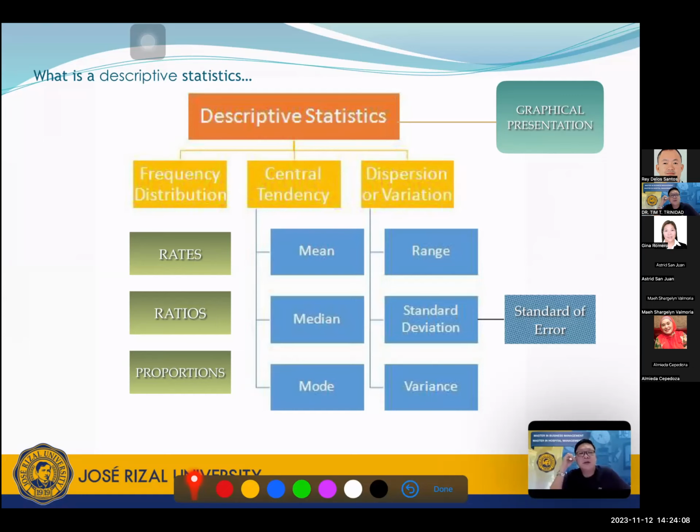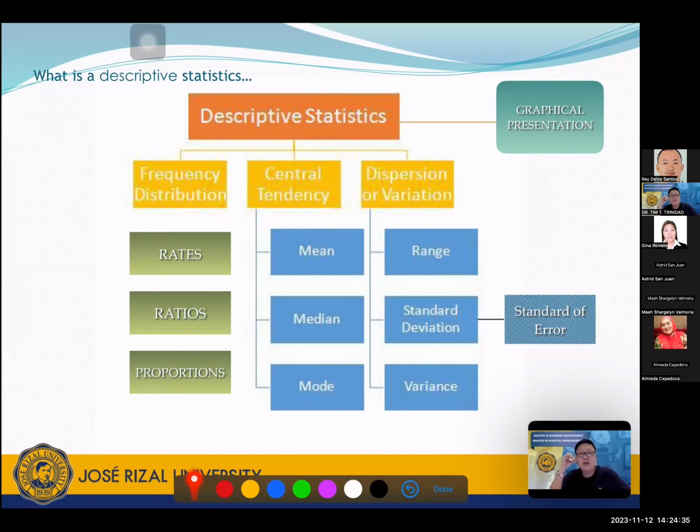So your descriptive statistics, this will be your summary. So this will be the events that you're going to do or you present. If you have this information or this set of data, your descriptive statistics will be all about frequency distribution, which is your rates, ratios, and proportion, or the central tendencies, which is your mean, your median, and the mode, or the dispersion or variations, which is your range, standard deviation, and variance.